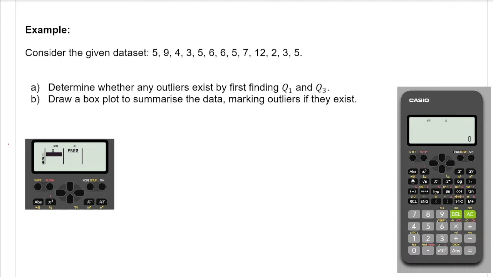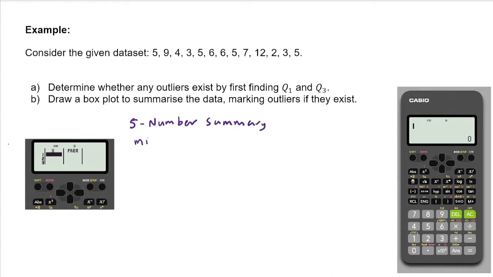Now, in my calculator, I have already pre-entered all that data. So what I'm going to do now is find out my 5-number summary. I'm going to set myself up to do my 5-number or 5-figure summary.